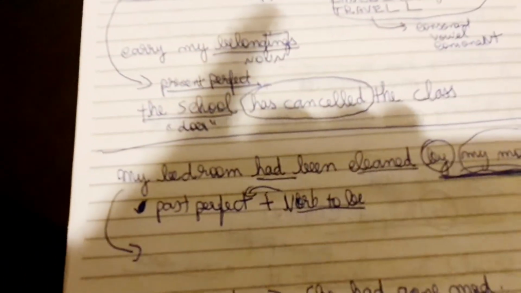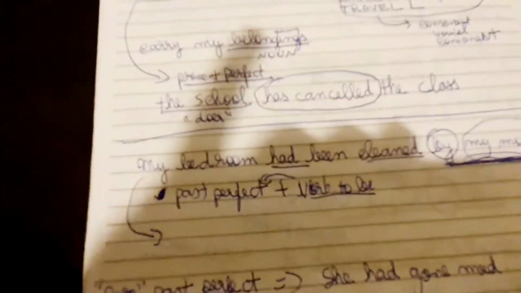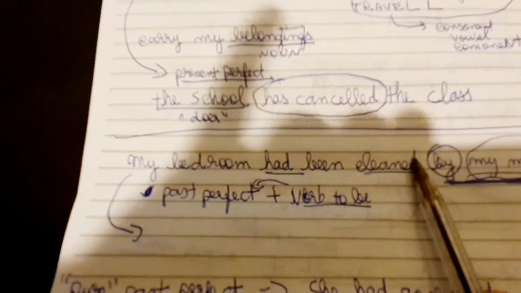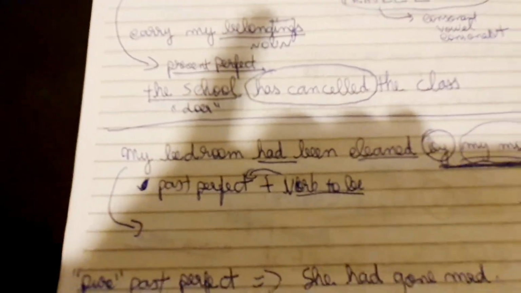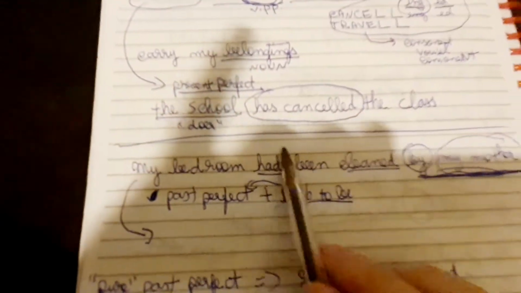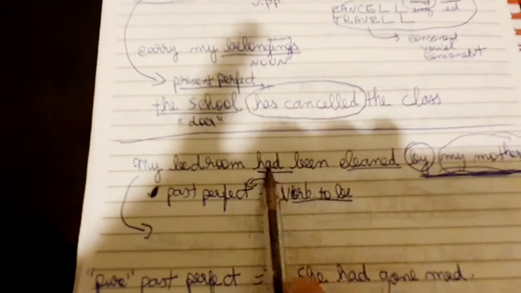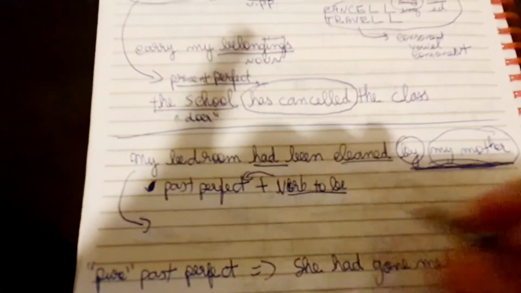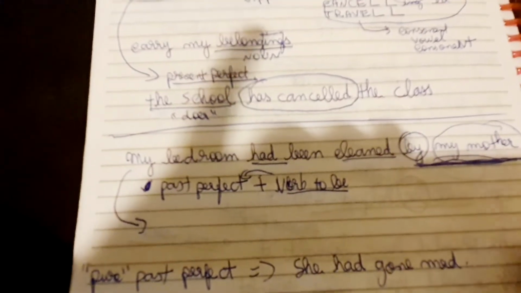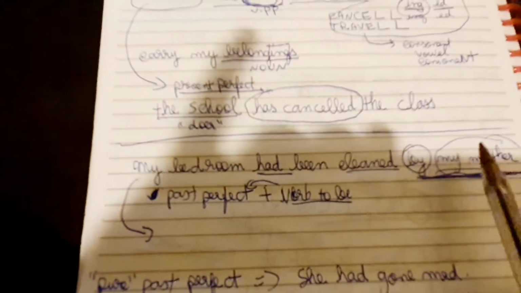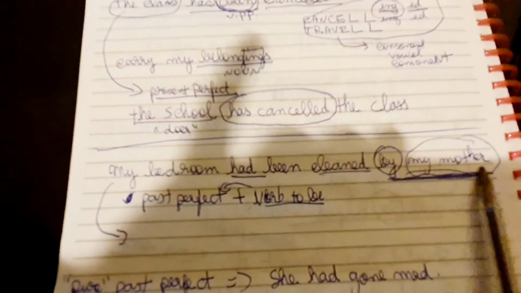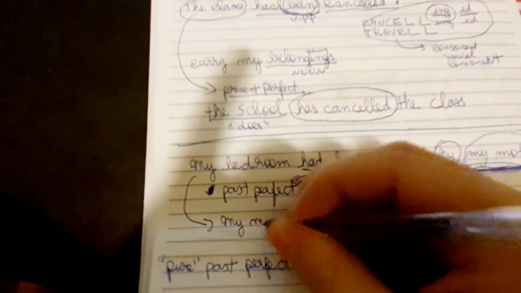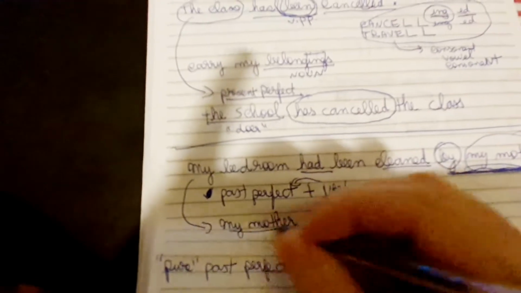So remember, the verb tense that comes in the passive voice also comes in the active voice. So as I used the past perfect here, in the active voice I also have to use the past perfect. Which is the subject of the sentence? My mother. My mother is the doer of the action.